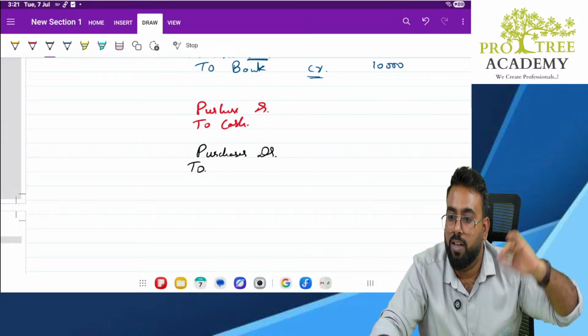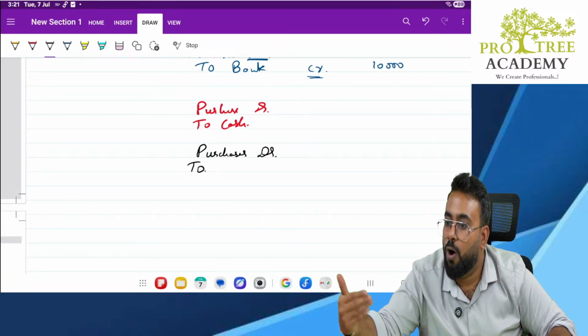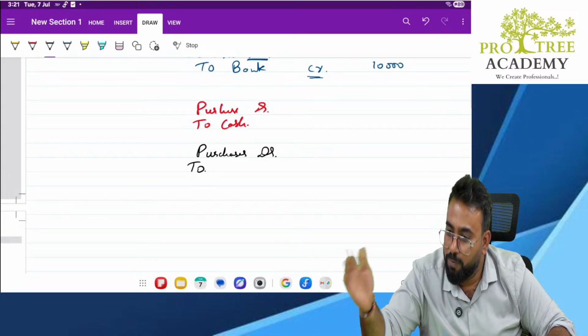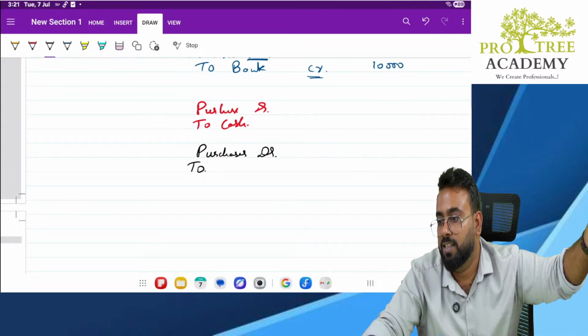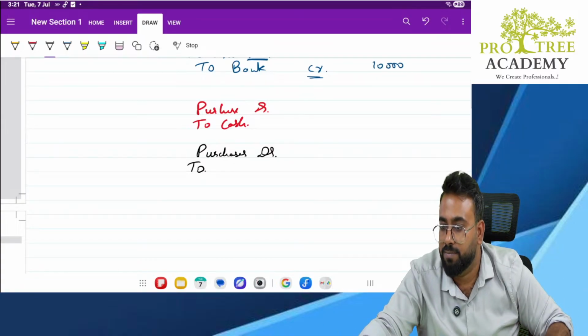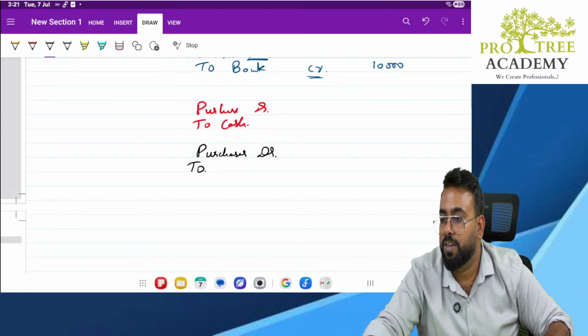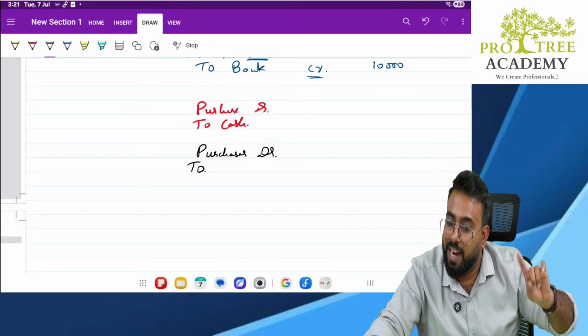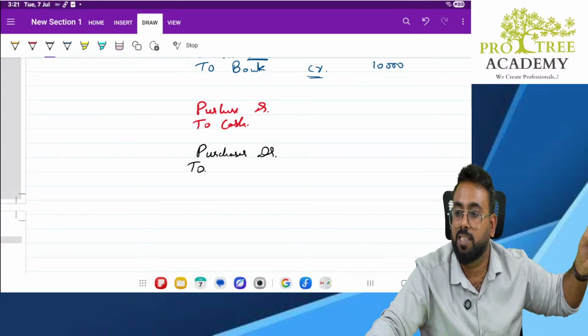Next, come to expenses. Economic benefit outflow. Just because of B, there is no economic benefit outflow. Economic benefit outflow happened because of purchases. Correct or no? B is not the reason why economic benefit outflow is happening. Correct? So that also doesn't fit. Next, let's come to liability. It is an obligation arising from past events.